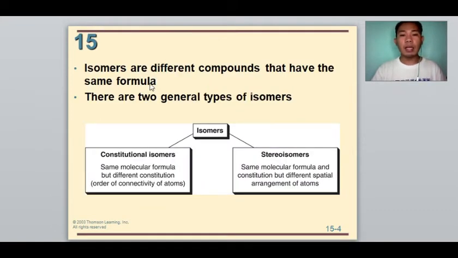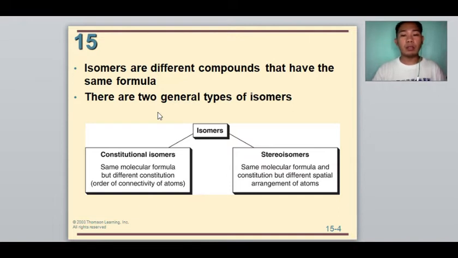Isomers are different compounds that have the same formula. And there are two general types of isomers. As I said in the previous slide, these are constitutional isomers and stereoisomers.